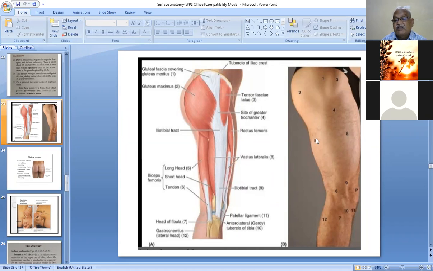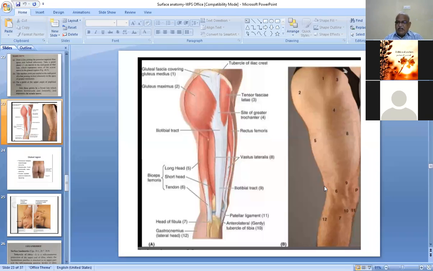Vastus lateralis. Long-headed and short-headed biceps femoris and tendon. This most prominent part is the tendon of biceps femoris, which has a long head and a short head.